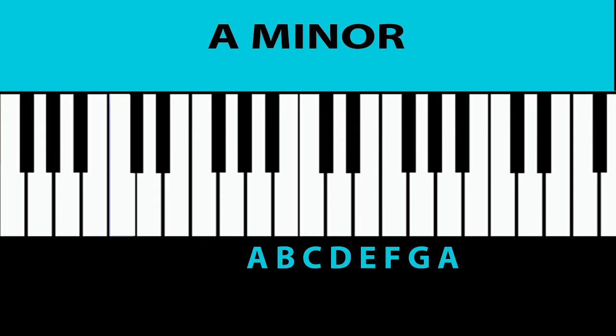So, in the key of A minor, that same melody transposed into this key is C3, F6, B2, E5, and A1. So we've changed keys. We've changed it from a major to a minor.